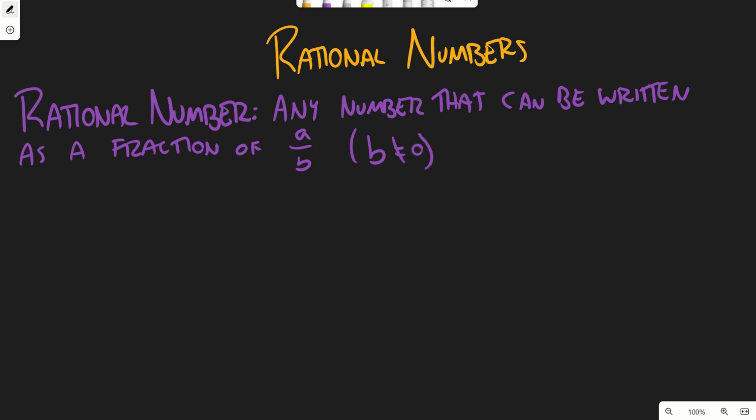So a rational number is any number that can be written as a fraction, which would be fractions, whole numbers, and most decimal numbers. So really it's any kind of number that can be written as a fraction.